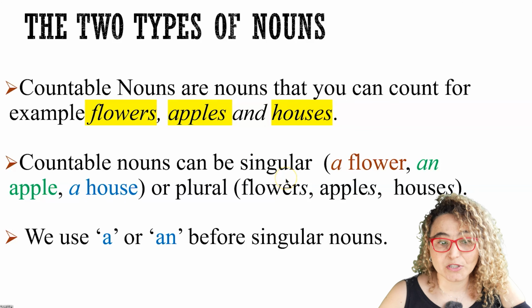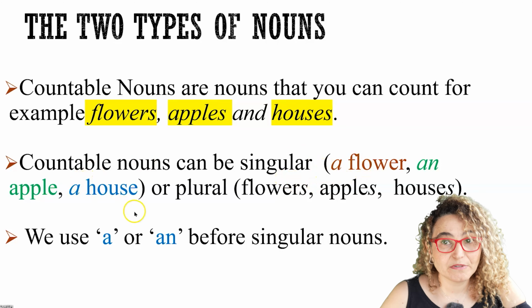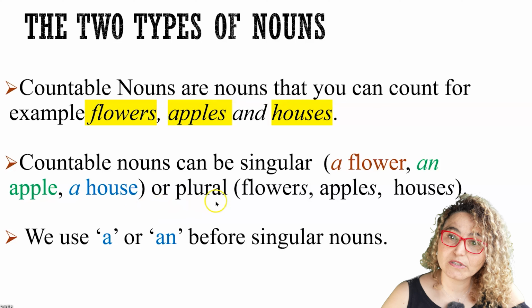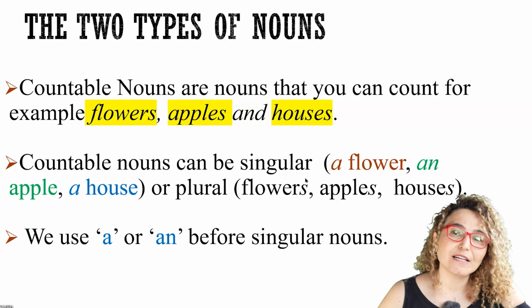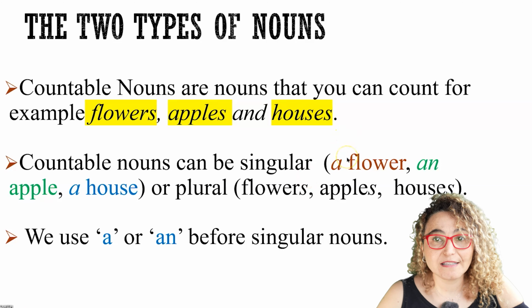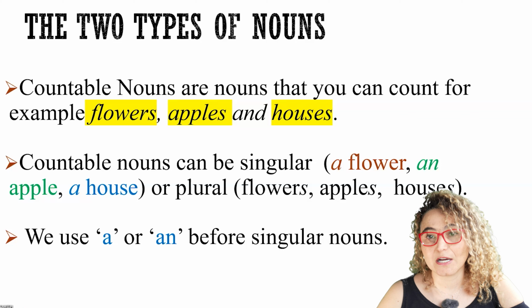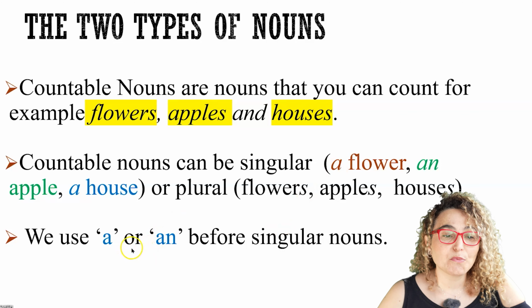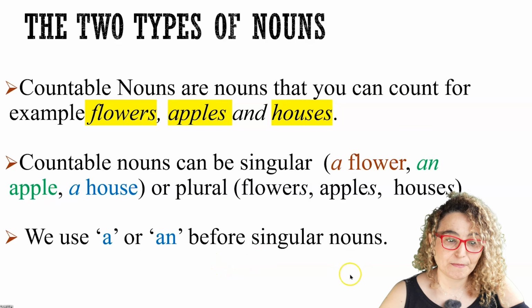Countable nouns can be singular, like a flower, an apple, a house, or plural, flowers, apples, and houses. Like I mentioned earlier, the article a is usually used with singular countable nouns. So we use a or an before singular nouns.